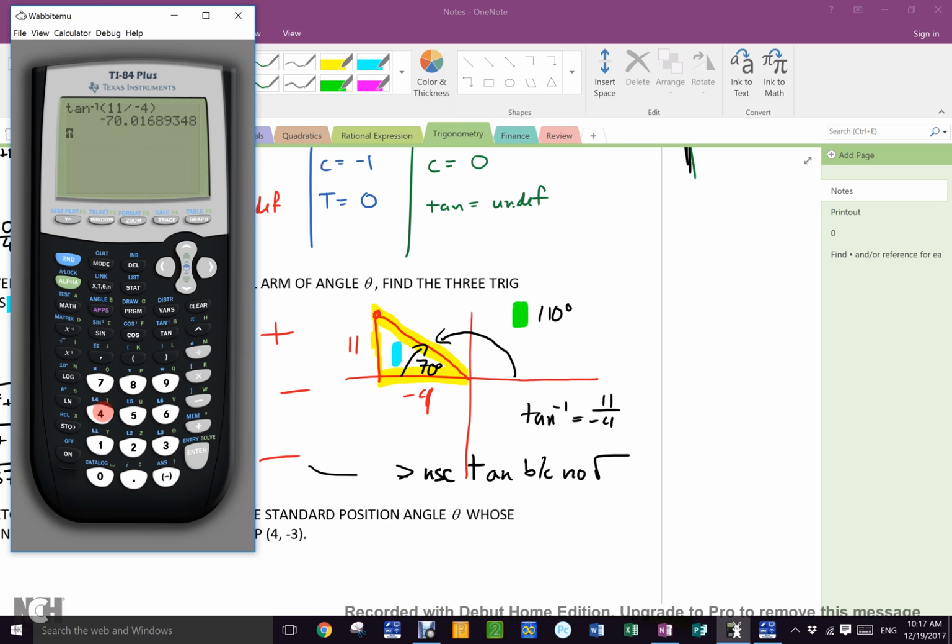Shift tan 110. Everyone agree? Everyone see it? Everyone's cool with that, right? Now, what is 11 divided by -4?